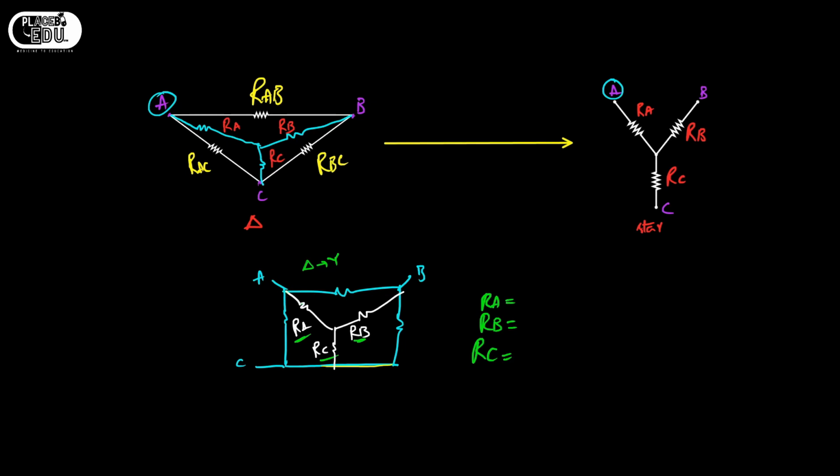At RA, that is the terminal A, at RA we have two resistors connecting to the RA resistor. One is RAC and another one is RAB.